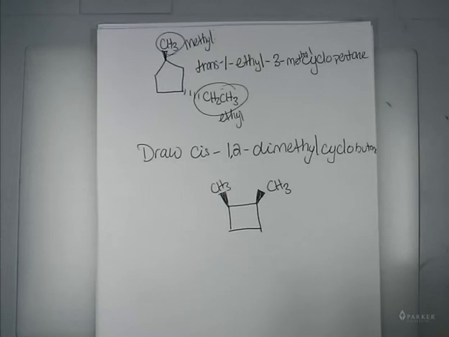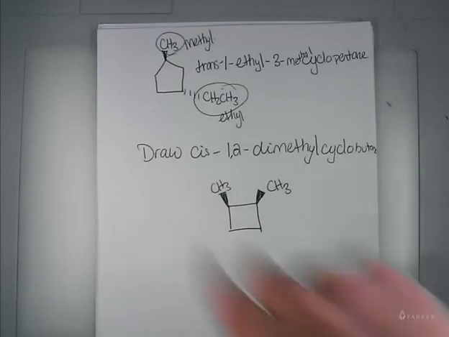Cyclopropane. Do you remember the angle for cyclopropane? 60. Do you remember for cyclobutane? Pentane? 108. And then hexane? Yeah. And what's the most stable conformation for cyclohexane? What do we call that? The chair.